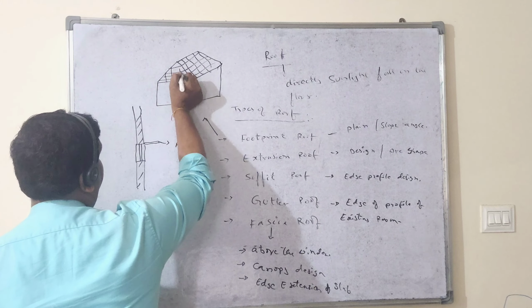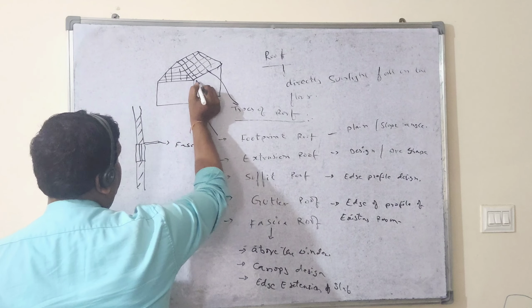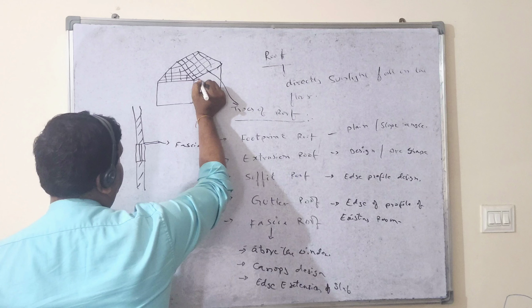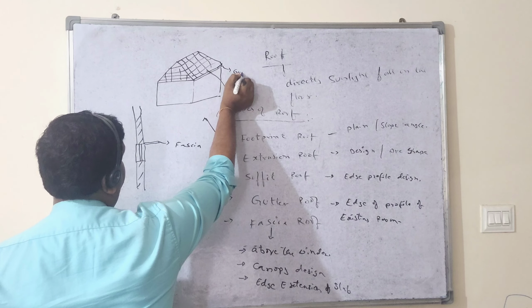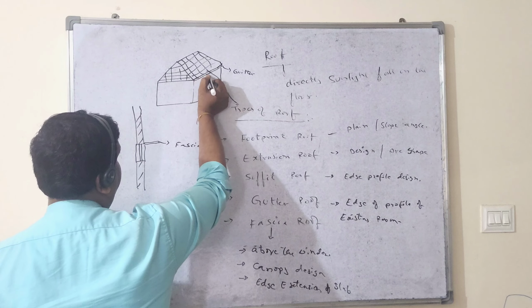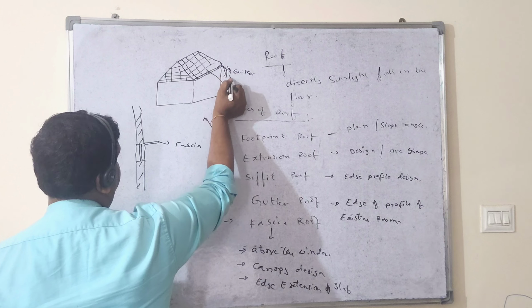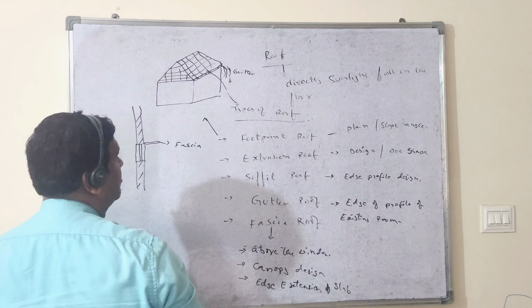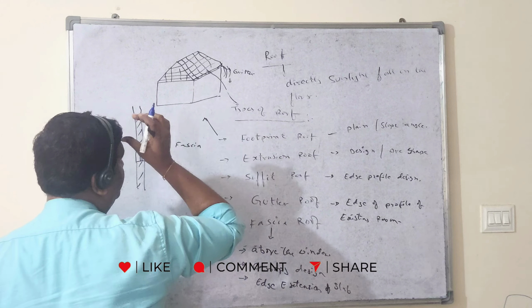This type of roof we will call a footprint roof, and the gutter is going to be placed here directly. This is a gutter. So when the rainwater comes, the gutter will take this water and it is going to fall from this side, at one corner. So like that the gutter roof is going to take it.